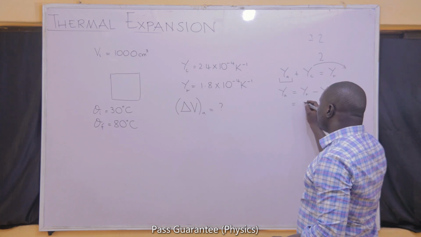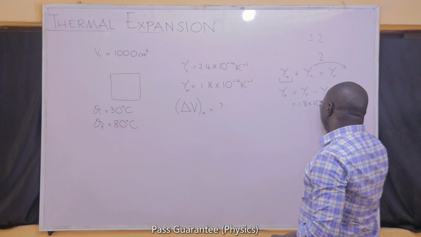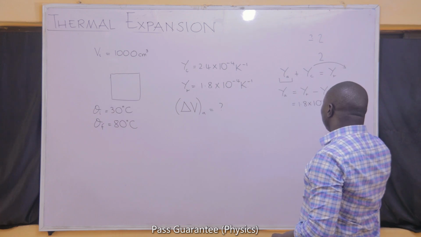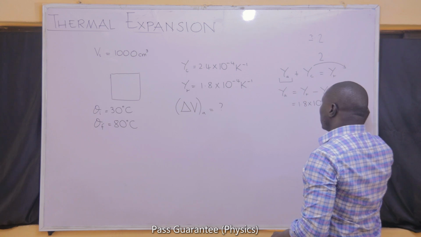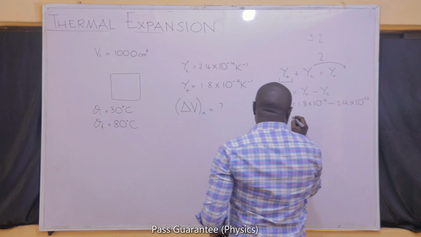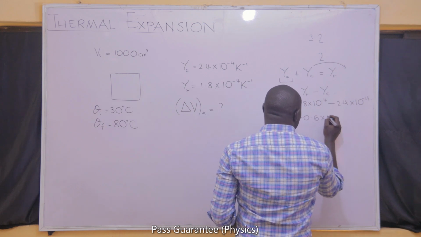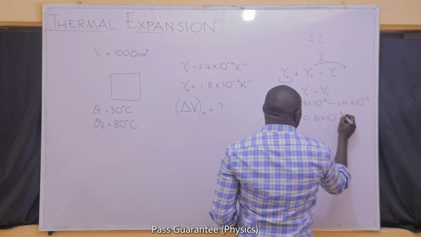The real cubic expansivity in this case is 1.8 times 10 raised to the power minus 4, minus 2.4 times 10 raised to the power minus 4. If I subtract that, I will have minus 0.6 times 10 raised to the power minus 4 per Kelvin.